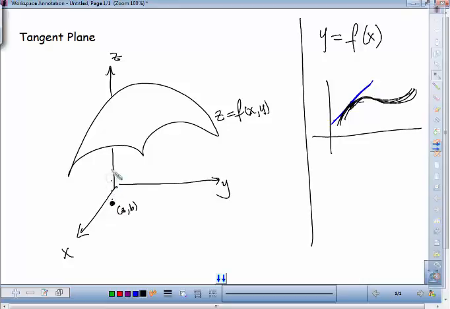And so we have, corresponding to that, up on the surface, a point. And what's this point? F of AB would be the z value of it.